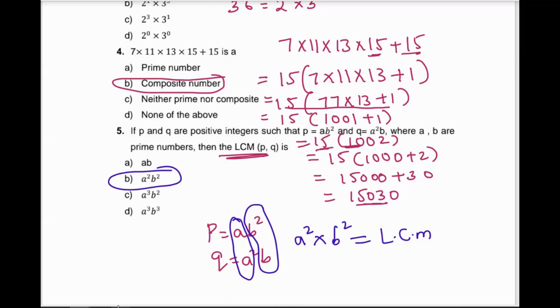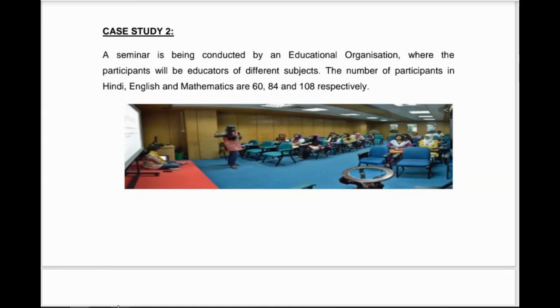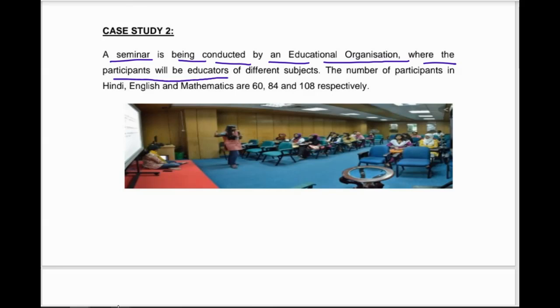So now next question is case 2. In case 2 it says a seminar is being conducted by an educational organization where the participants will be educators of different subjects.